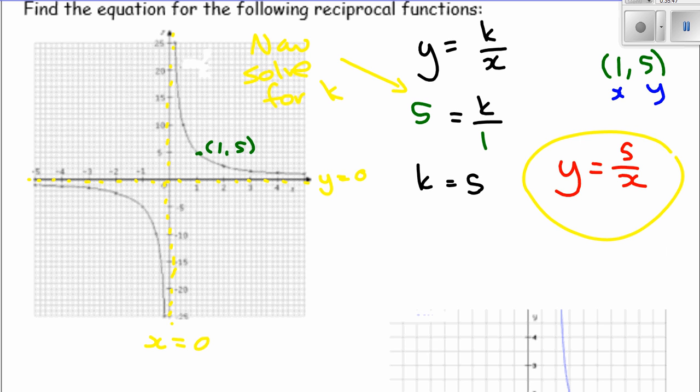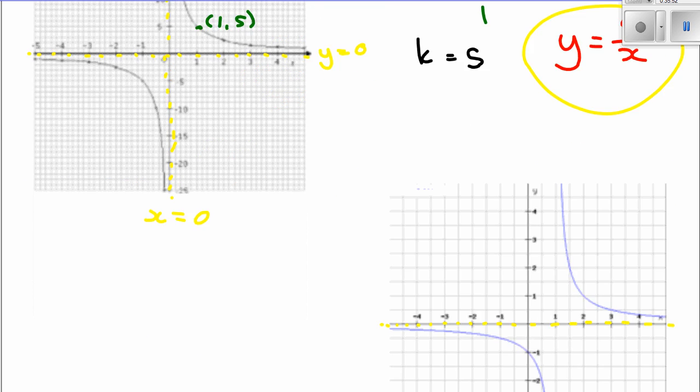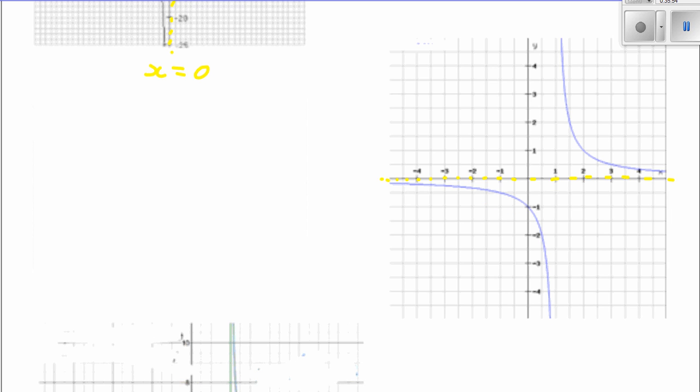So I tend to look at the asymptotes, like where the asymptotes might be. So it hasn't shifted up at all. It's moved to the right.